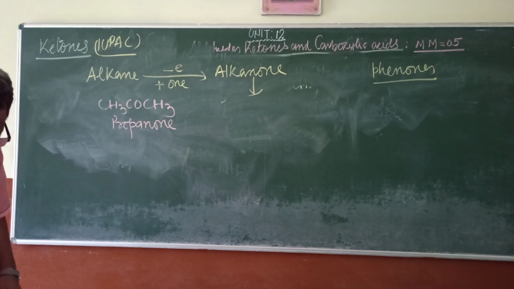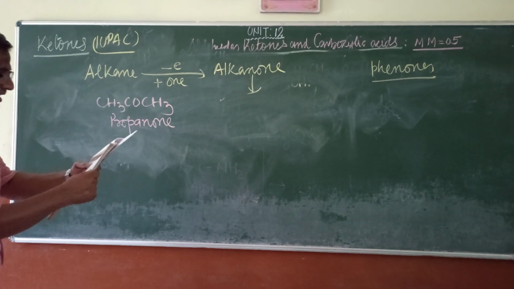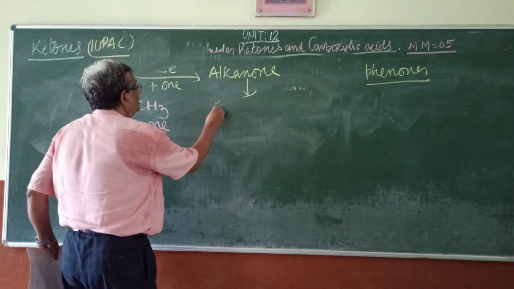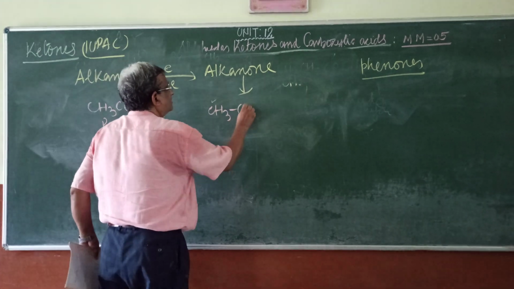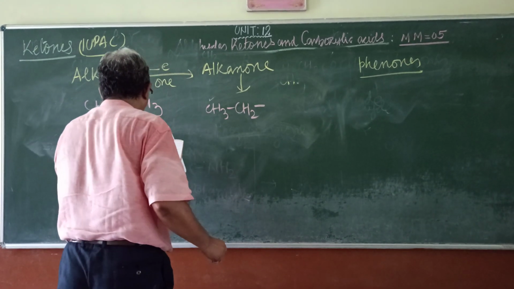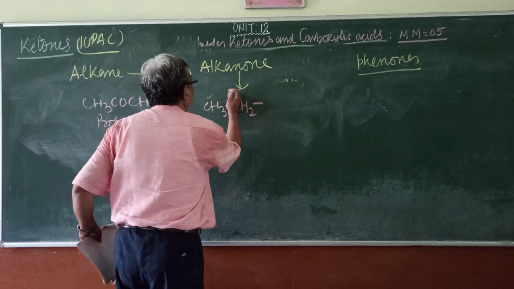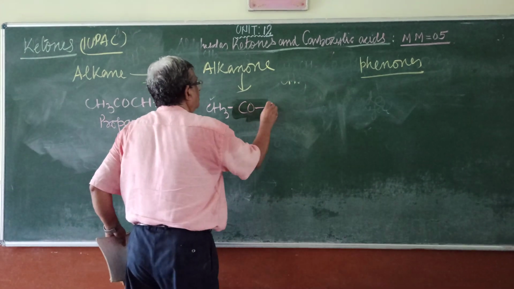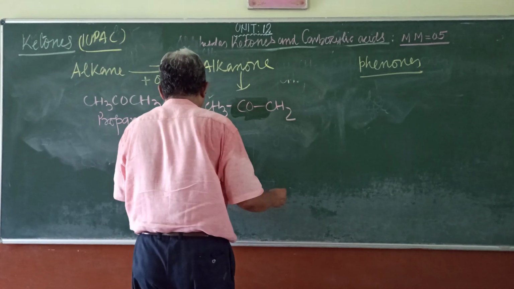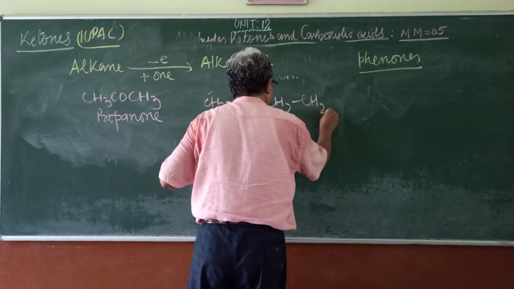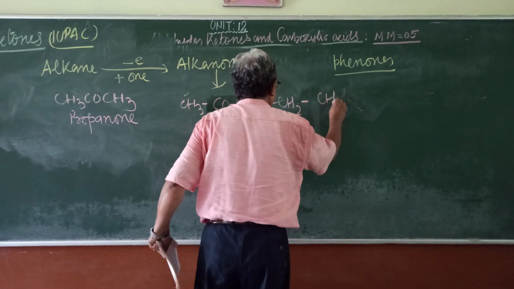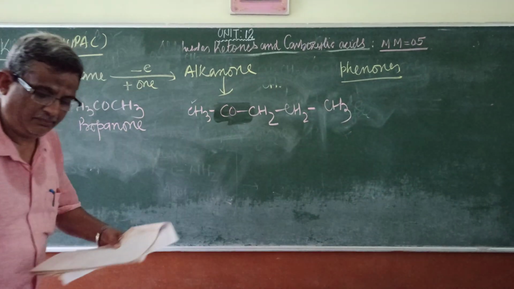And one more example, I will give you. It's a compound CH3CH2CH3... CO CH2 CH2 and then CH3. Now how to name this compound?